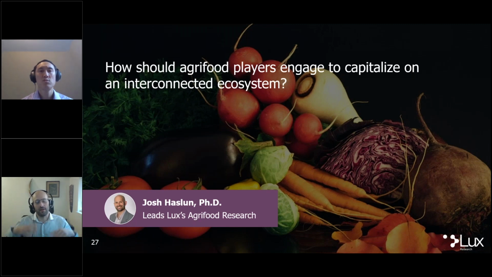But if you look below that and think about how you can engage in a more interconnected way, a lot of these alternative protein sources have other avenues to move into the system. For instance, we've done a lot of work on alternative feed sources. If you're thinking about protein sources, where else can your protein source fit in? You can also think about, as you move down the line, what it means to be a food company.